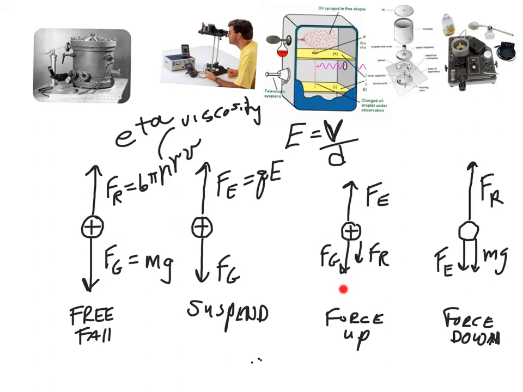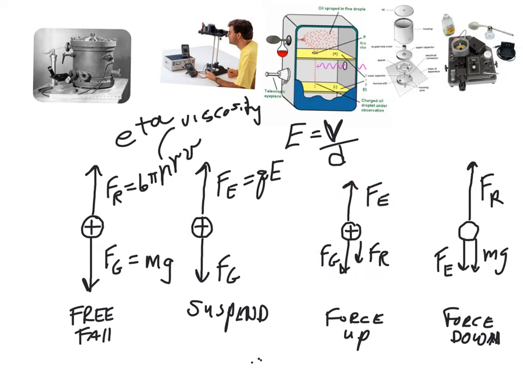The down force is always gravity, and the resistive force is always opposite the motion. So when the drop's falling down, the resistive force is up. But if the drop is going up, the resistive force will be down. And when it's moving, there's always a resistive force. That's why it's much better to do the suspended case, because then you don't have that third force. But the inability to do this forces us to do the measurements this way.